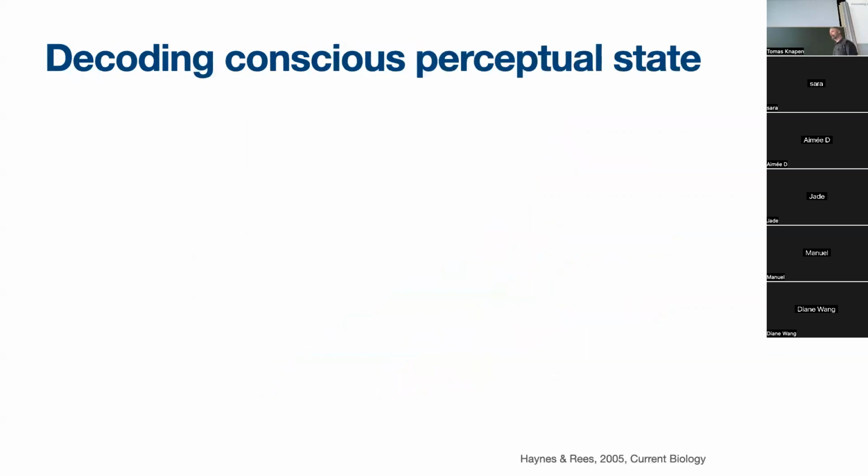So I want to, as an intermezzo, show you a few examples of what people managed to do with this approach that went pretty strongly above what people could do before. So it really does go beyond what you can do with simple univariate analysis.